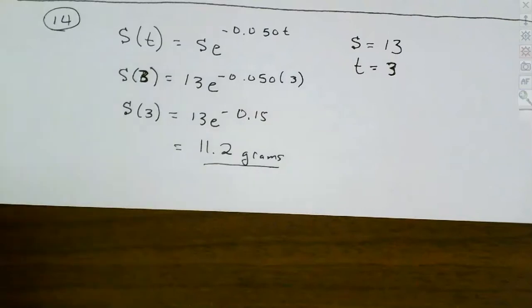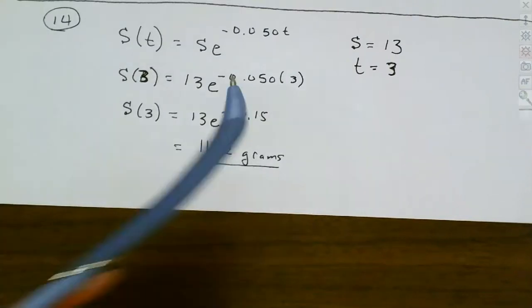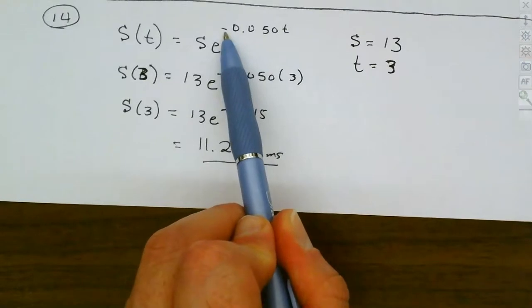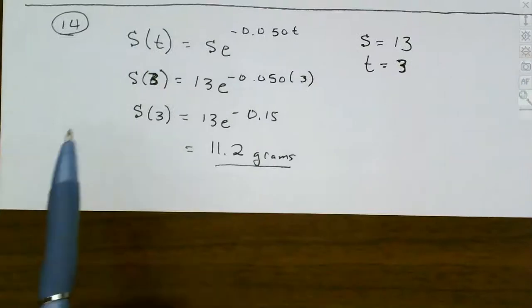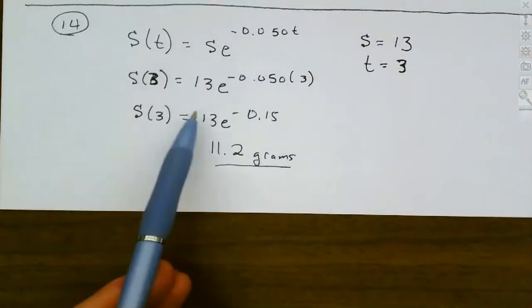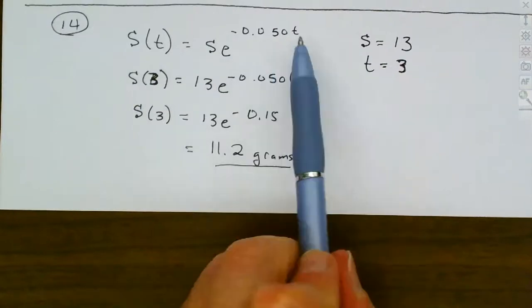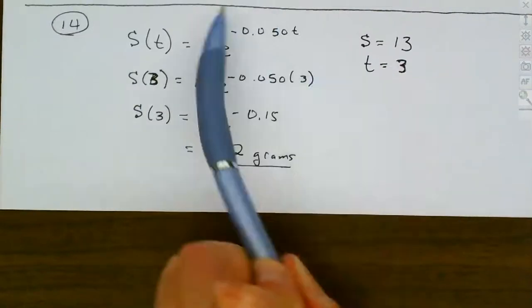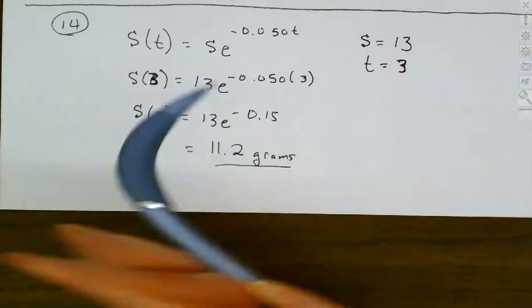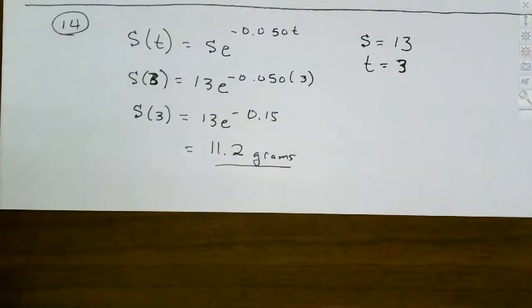Now, if it was population, this would be a plus because it's going up all the time. And so it would be going up this way. This one's going down because it's slowly decaying downward. So that's why this exponent is negative, because it's decreasing all the time. If it was positive, it would be going up because the population is increasing, if you were looking at populations.